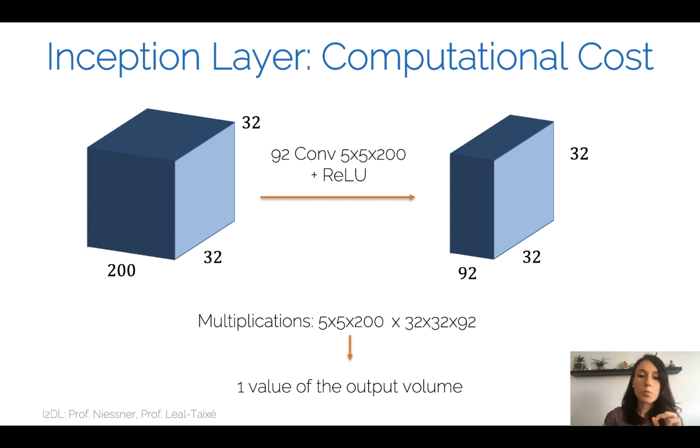So in order to obtain values for the 32 by 32 by 92 activation map, I need to do roughly 470 million operations, right? Crazy that I need to do all these operations for just one convolution operation, just the 5 by 5. Then I'm going to have the 3 by 3, I'm going to have the 1 by 1, I'm going to have the other layers. This is too much.